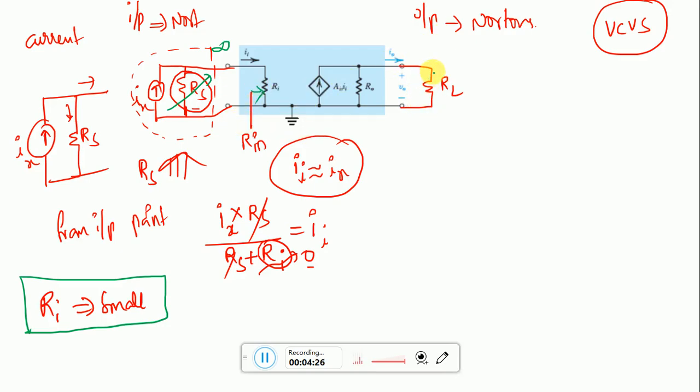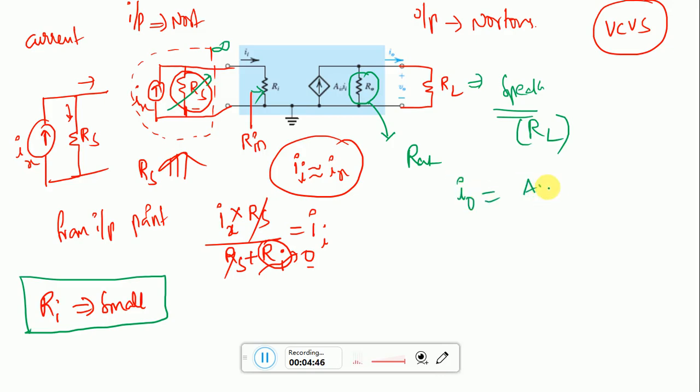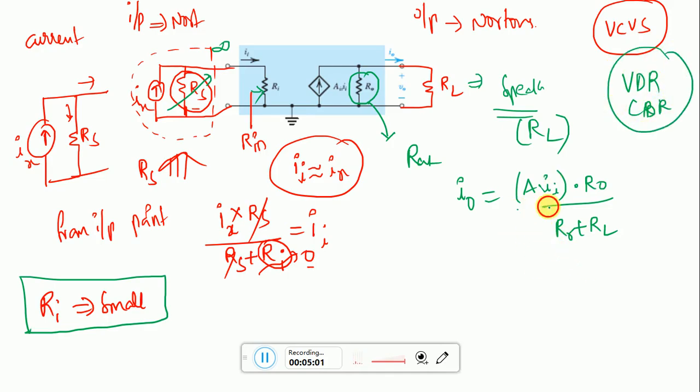Now coming to this output end, load is let us say some speakers are connected. Then we cannot change the load resistance of the speakers. The only thing that we can control is this output shunt resistance, Rout. Now again by using current division rule, Iout equal to gain times of Ii at input into R0 by R0 plus RL. You can refer to my earlier videos about voltage division rule and current division rule for more clarity of how I am writing the formula directly.